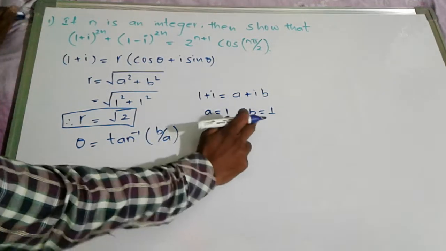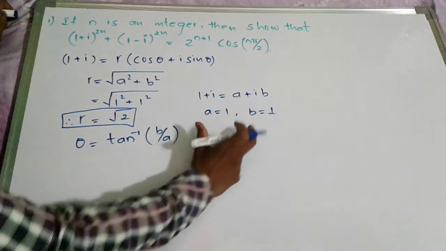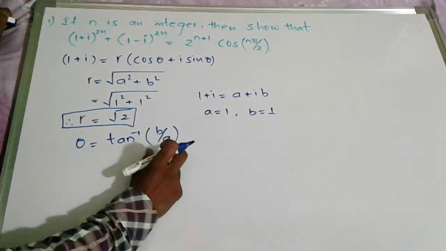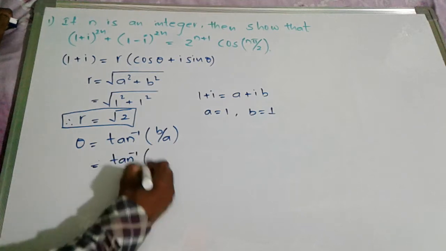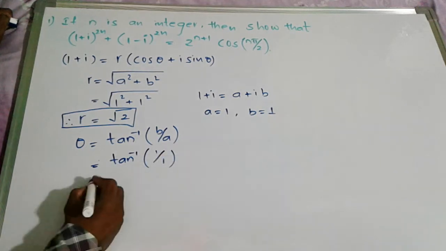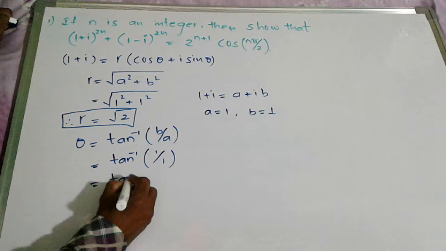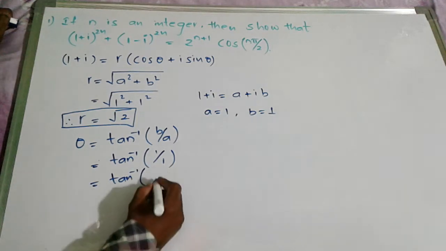Now to find theta we have another formula, that is tan inverse of b by a. As we have the b value and a value, I am substituting these values over here. Then we get tan inverse of 1 by 1, and then we get tan inverse of 1.